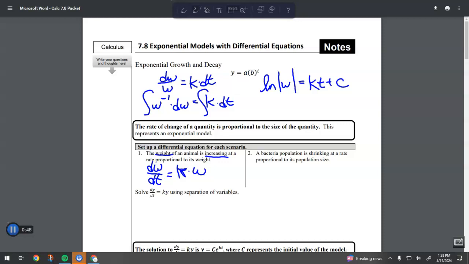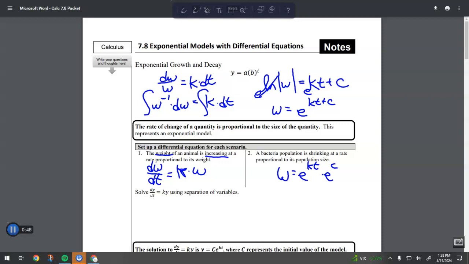And then I would do e to both sides. So those go away. I just get W equals e to the kt plus c. But then we finagled that into a different way to use a constant, if you remember. So we said you can write that as e to the kt times e to the c, because if you were to combine those in the other direction, what would you do with those two exponents?